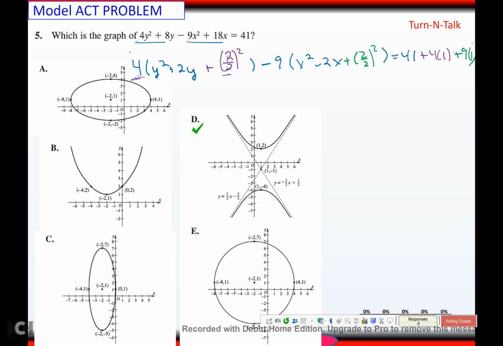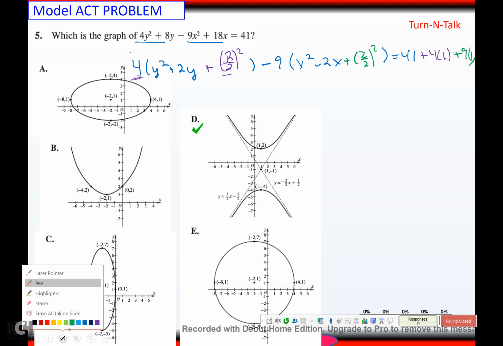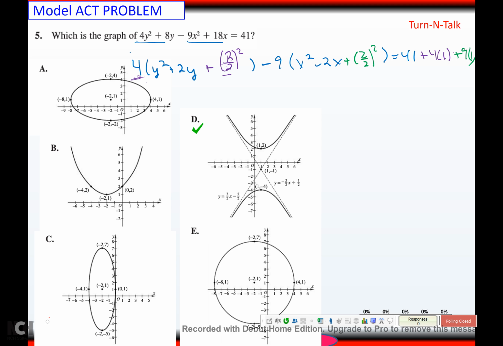Alright, so now we're ready to simplify. This is going to be 4 in a perfect square. Square root of y squared is y. Sign in the middle is plus. Square root of 1 squared is 1. Minus 9, this is going to be a perfect square, x minus 1, equals 41 plus 4.